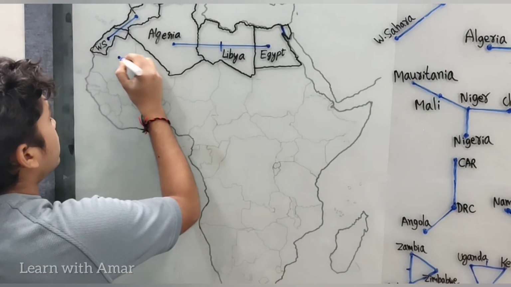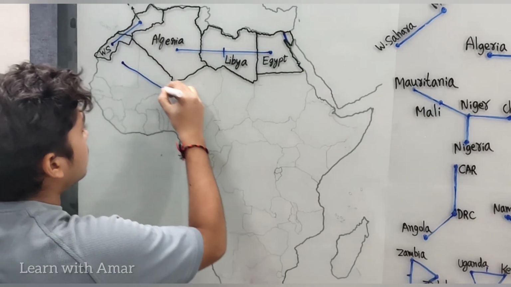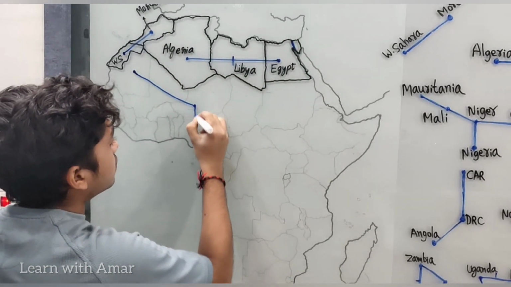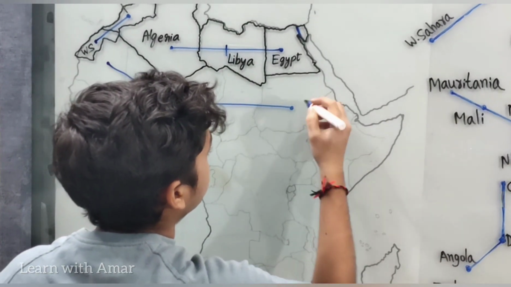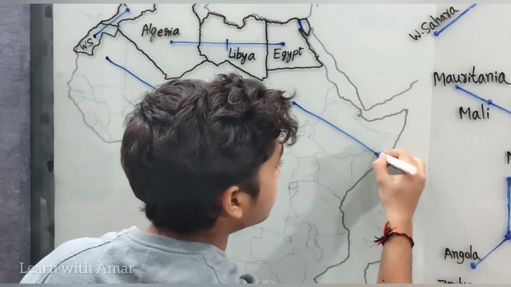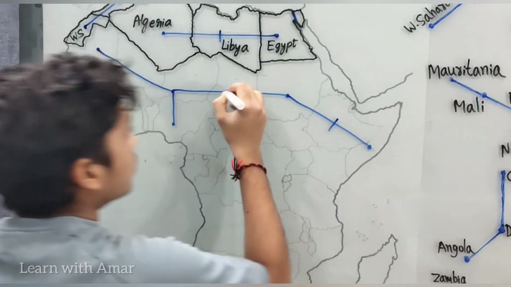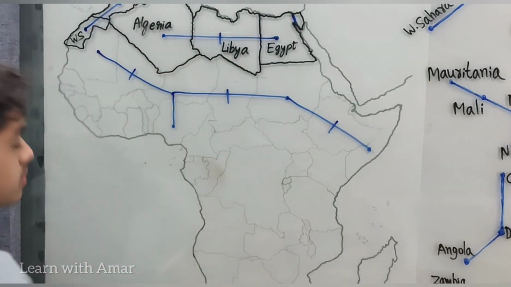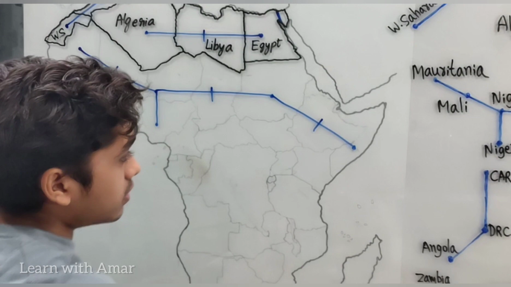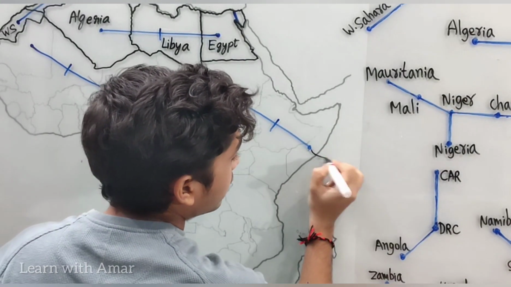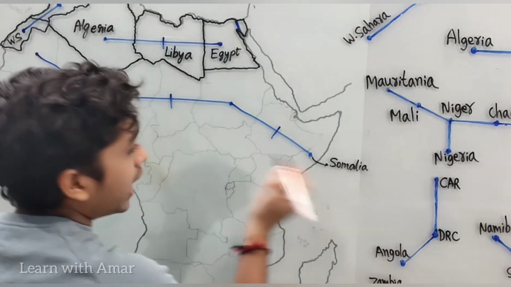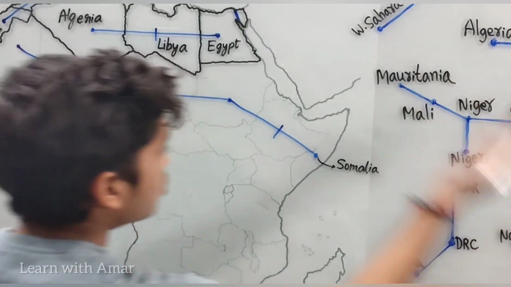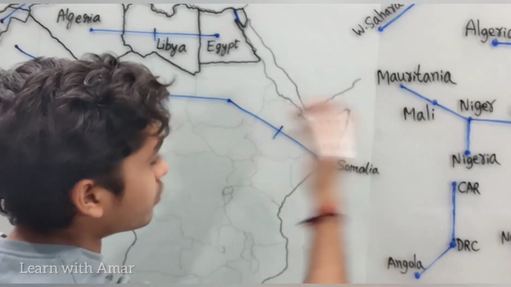If we take it here, what we get is this. So what happens? This right here, it's Somalia, and we got all the other countries also placed in their respective places because of this stick figure.